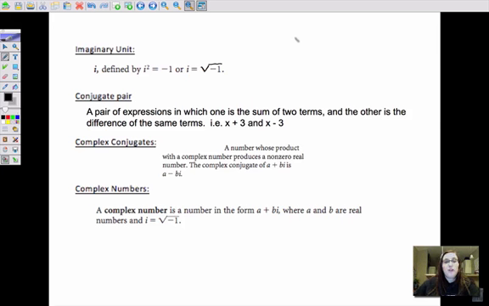So for example, let's say I wanted to write down the square root of -20, right? That would be the same as i times the square root of 20. That basically pulls the -1 out.